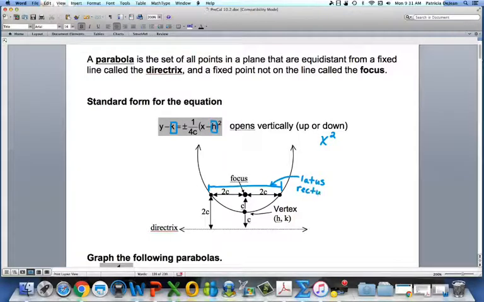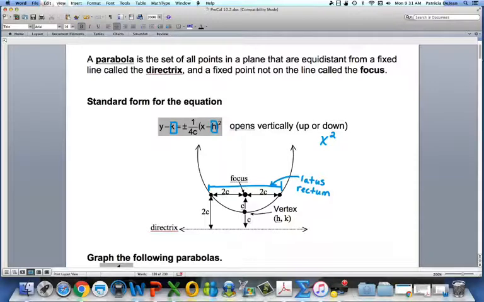That's referred to in your book, and if we have any online assignments, when they refer to the latus rectum, they refer to that line that's parallel to the directrix and goes through the focus. Okay?